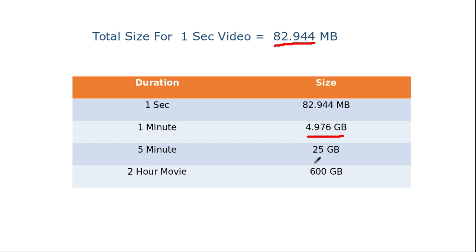For a 5-minute video we require 25 GB, and for a 2-hour movie 600 GB of hard drive space is required. And once you are watching this video on the internet, you need to transfer this many megabytes or gigabytes of information just to watch a very tiny amount of video. So you can imagine how huge the amount of space is that is required just for uncompressed video storage.